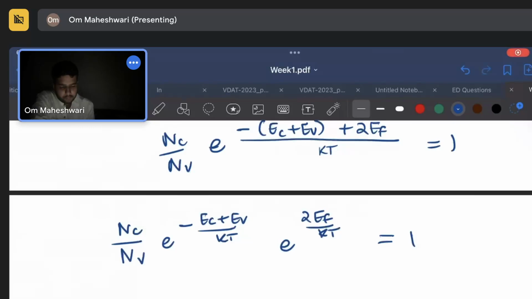So if I put e to the power minus (ec plus ev) by kt, e to the power 2 ef by kt equals nv by nc.